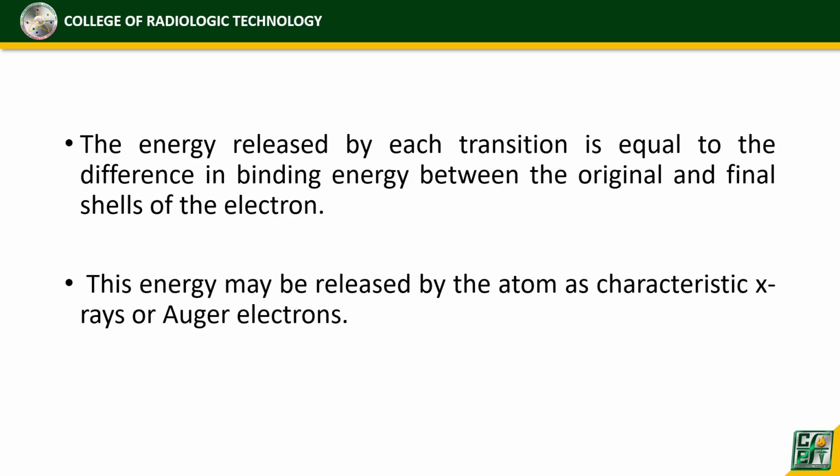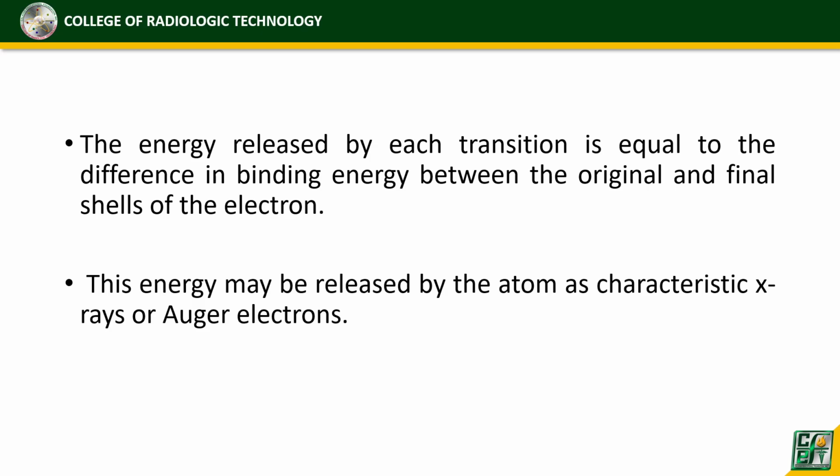So tandaan lang pag sinabing Auger electron, ito yung electron that moves from an original orbit to another orbit or to the innermost orbit in order to replace the ejected or the removed innermost electron. Okay?